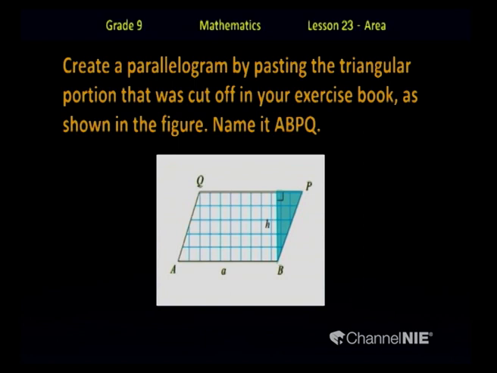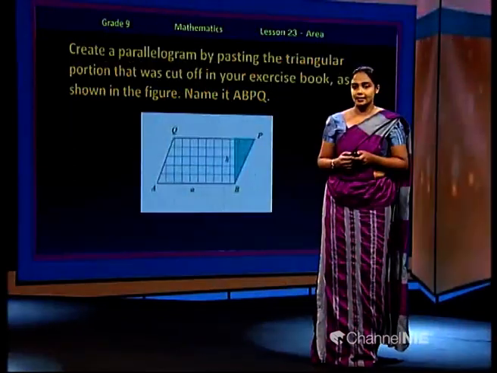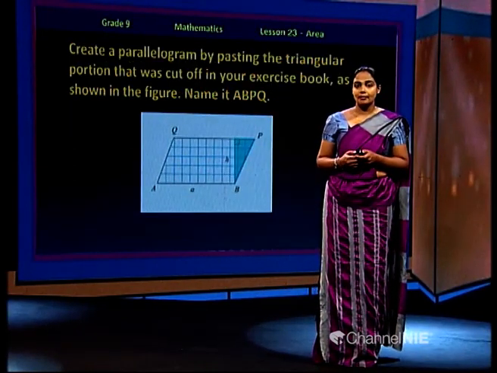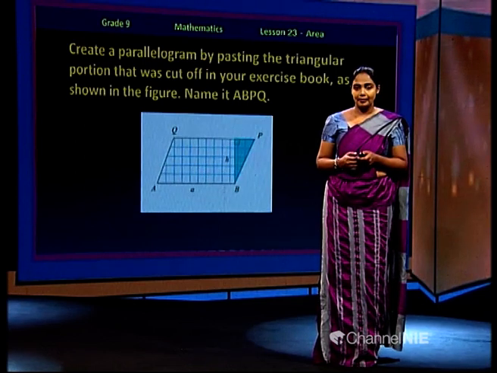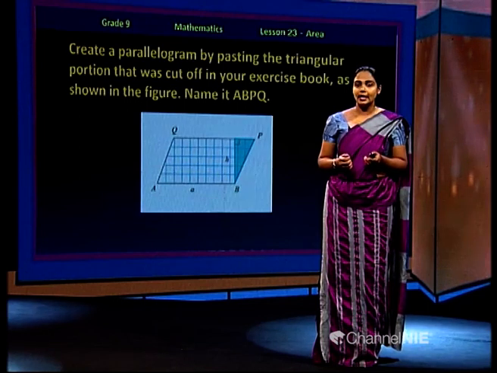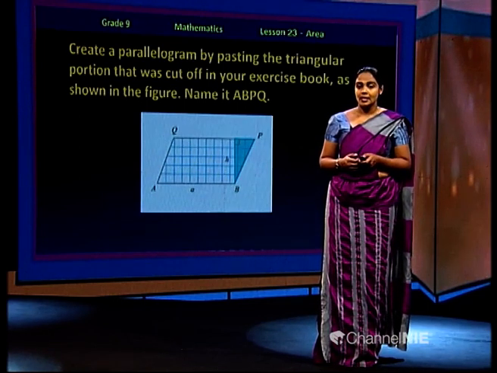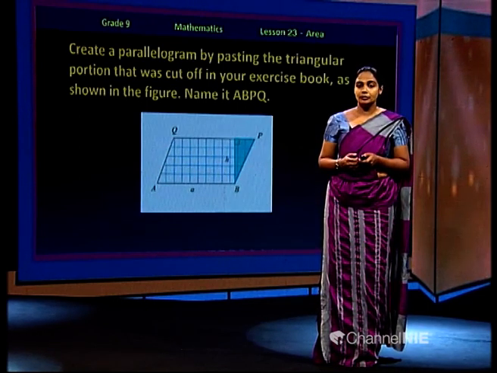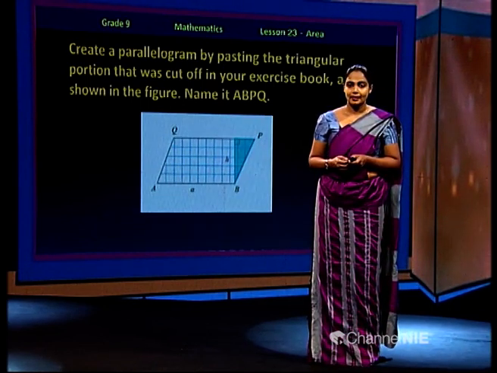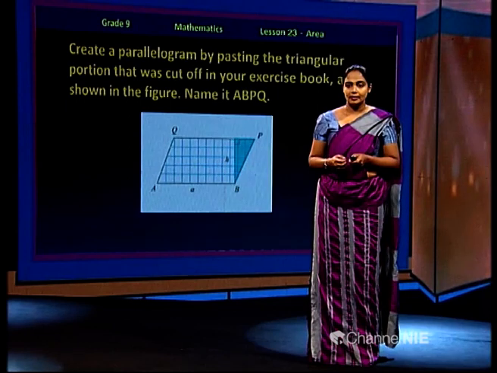Then what is your idea? We didn't remove any part of the rectangle, but we made a parallelogram. Then the areas of both diagrams should be the same. The area of the rectangle should be equal to the area of the parallelogram. Now let's see this one.